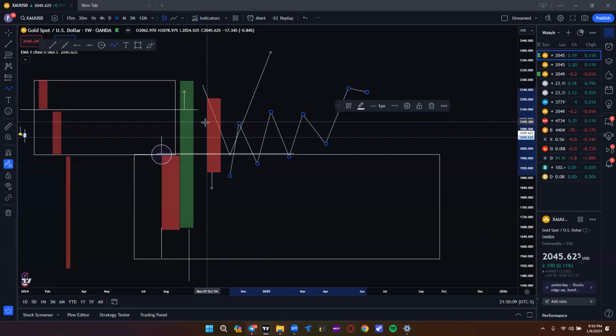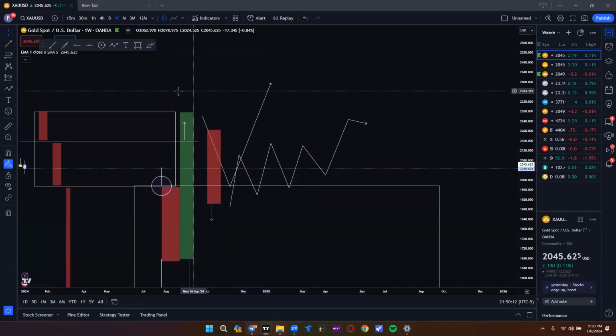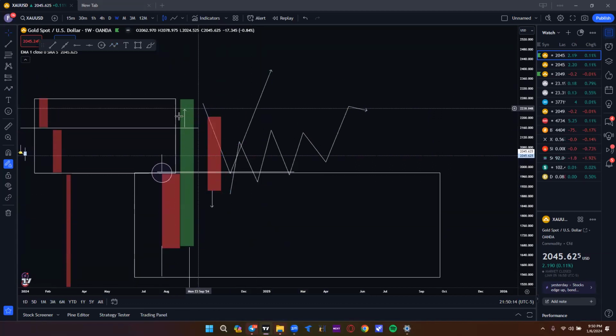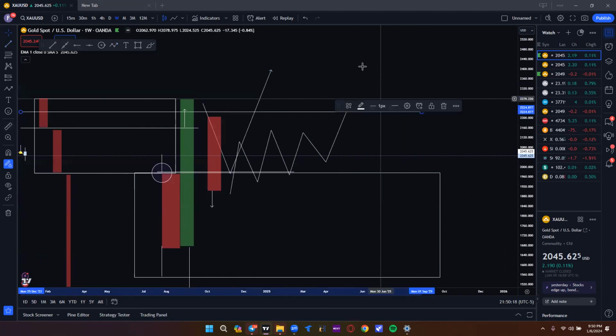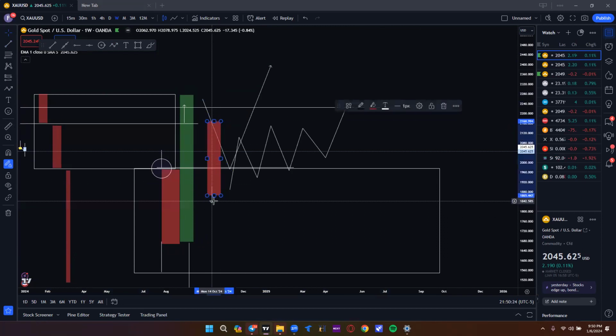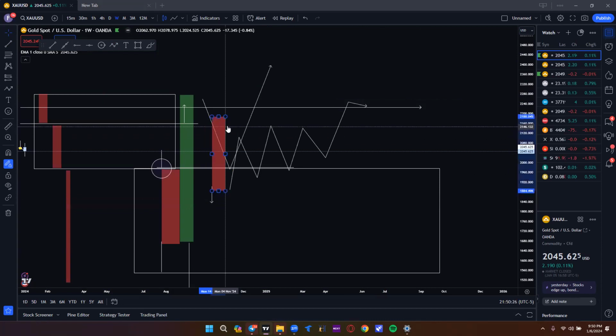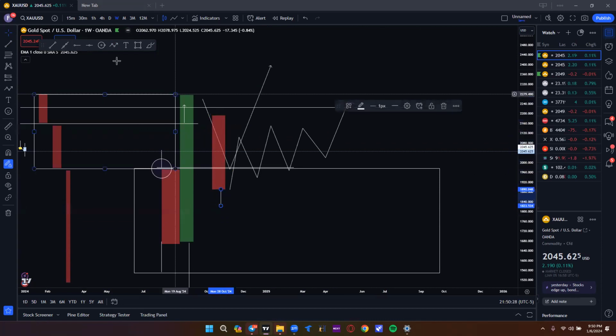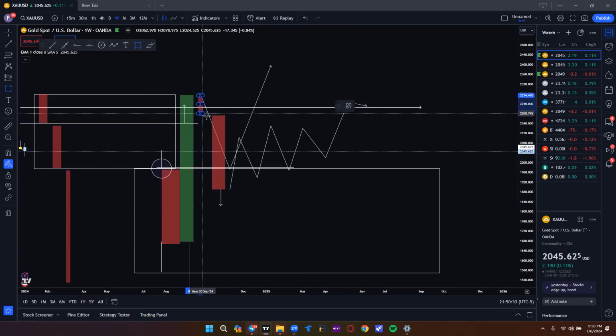All the while, all that price is doing is maybe coming back to the decision level up here that caused this breakout to the downside. Let's just say it is a gap level. Let's just say from here to here.